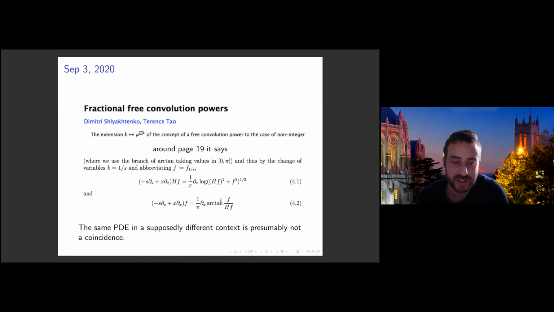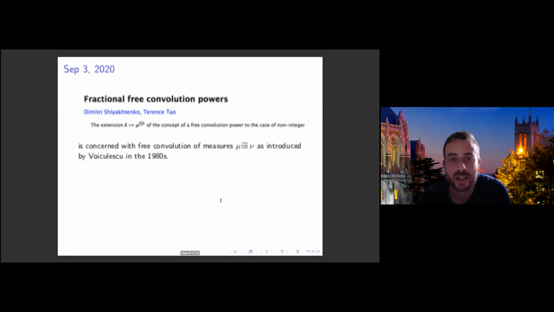Now, the same PDE in a different, or supposedly different, context, that's probably not a coincidence. The paper itself is concerned with free probability, which I'd heard the name of, but I never heard even the definitions before seeing this paper. It's about an operation on measures that was introduced by Voiculescu.